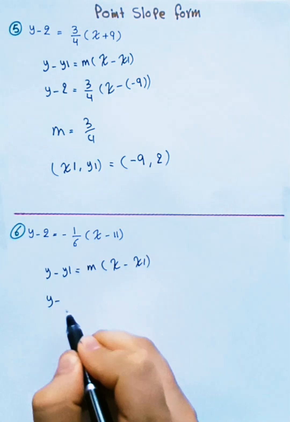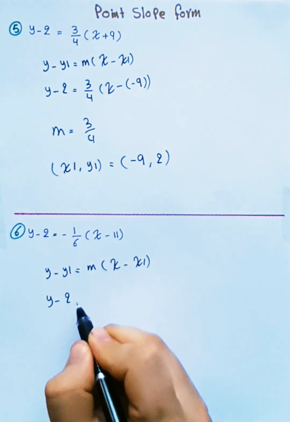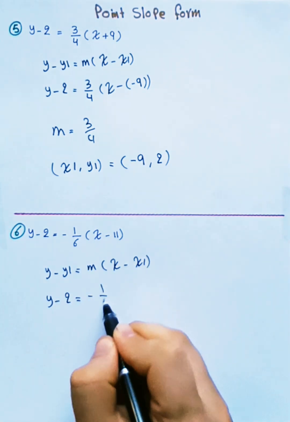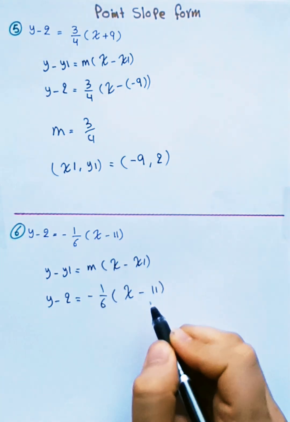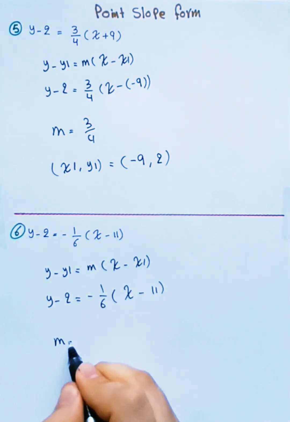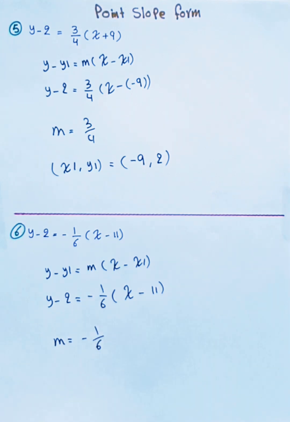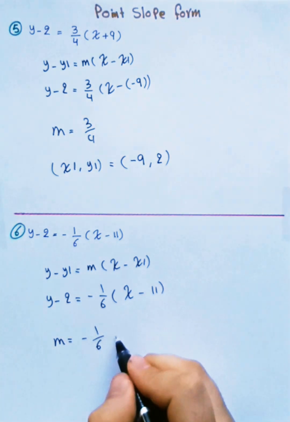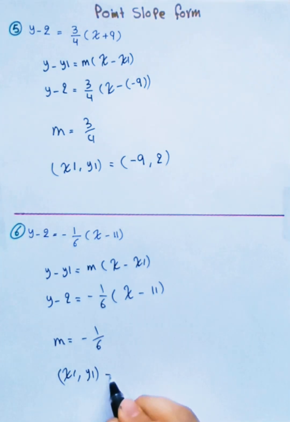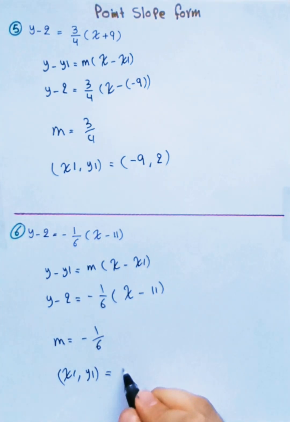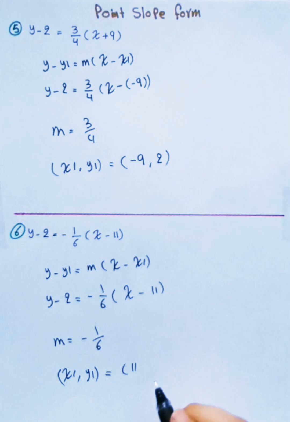So y minus 2 equal to negative 1 out of 6 times (x minus 11). So the slope is negative 1 out of 6, and x1 is 11 and y1 is 2.